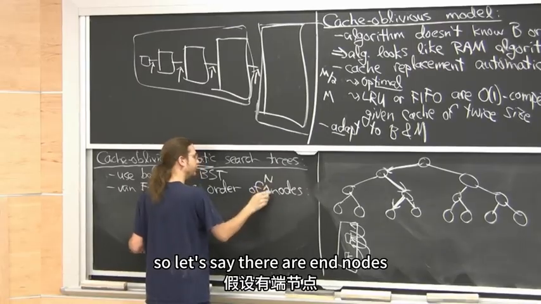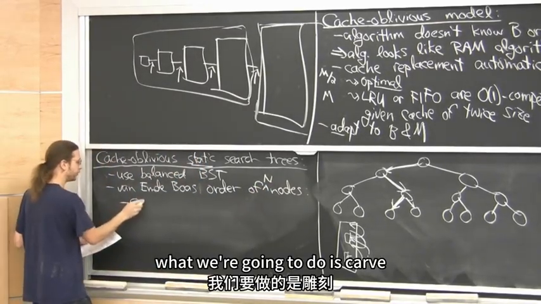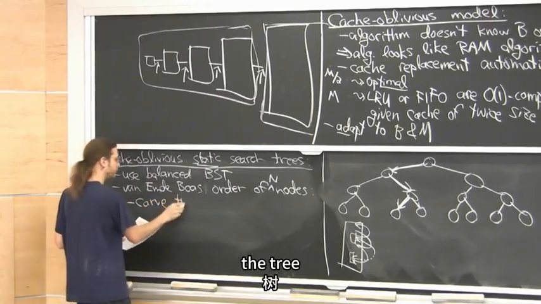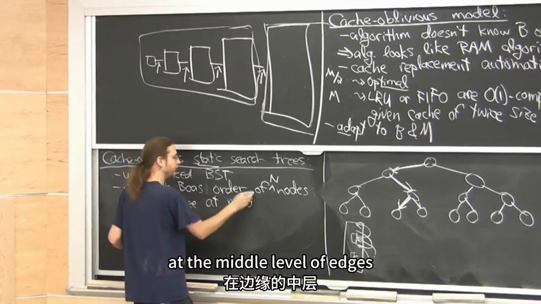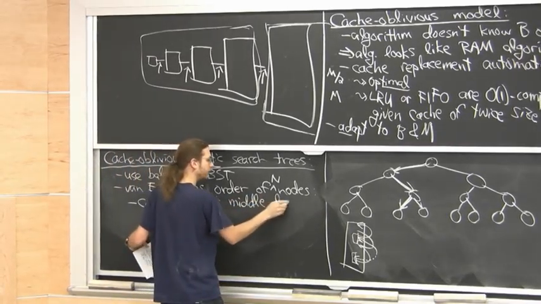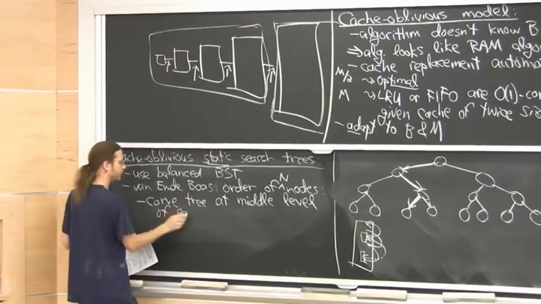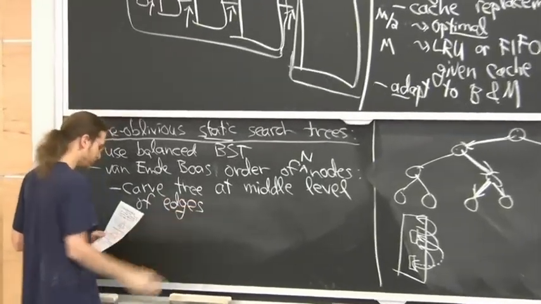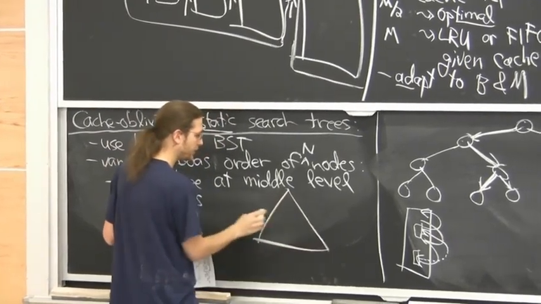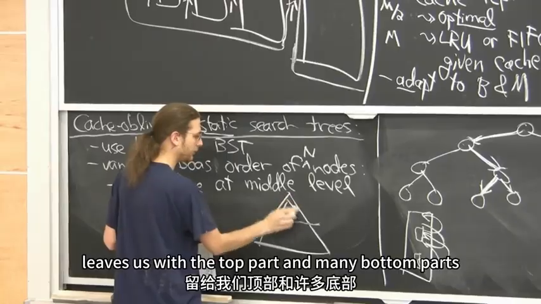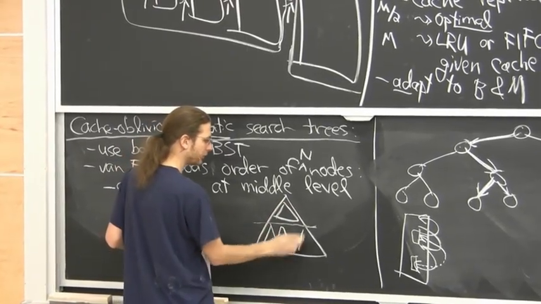So let's say there are n nodes. What we're going to do is carve the tree at the middle level of edges. So we have a tree like this. We divide in the middle, which leaves us with the top part and many bottom parts.